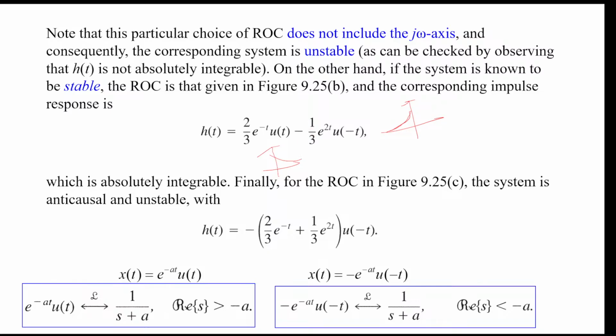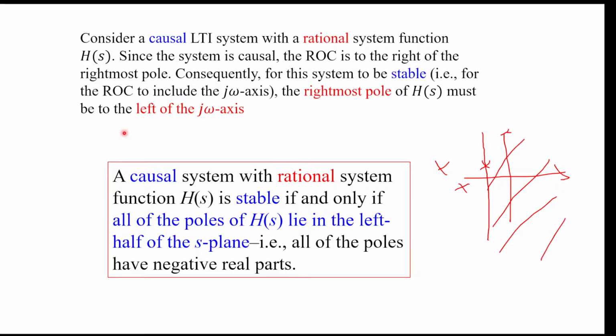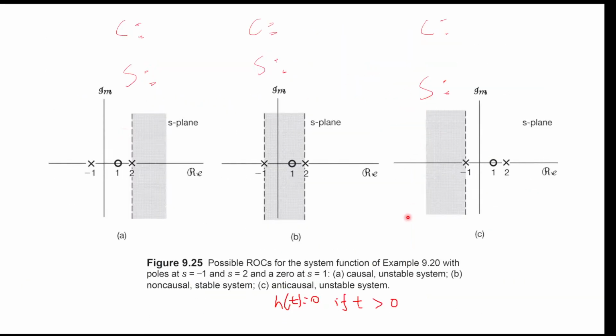When you try to do the Fourier transform, both of those two terms will converge, and this is a stable system. Okay, and finally, for this ROC of less than minus 1, if you think it's causal, raise your hand. If you think it's not causal, raise your hand. If you think it's stable, raise your hand. And if you think it's not stable, raise your hand. Okay, everyone got it correct.